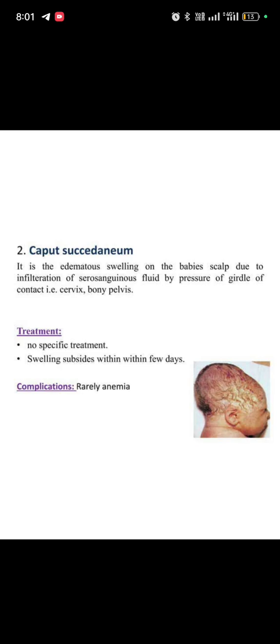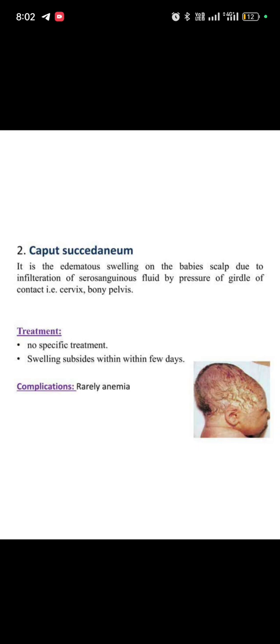Next, caput succedaneum, you can see in that picture. It is an edematous swelling of the baby's scalp due to pressure applied on the baby's head. For example, while the baby's head passes through the cervix or bony pelvis, pressure is applied on the head and causes swelling on the scalp.